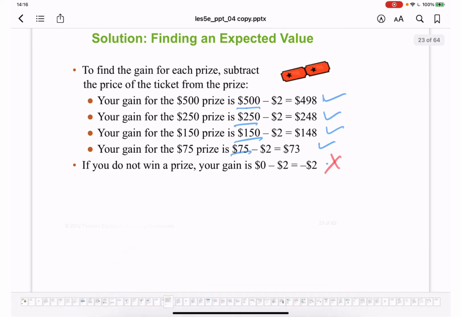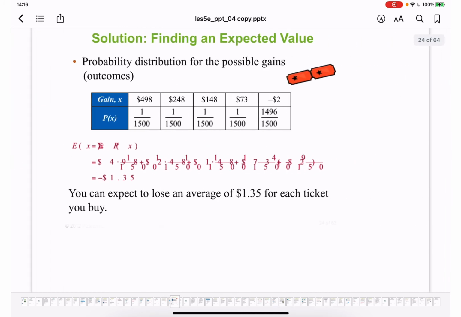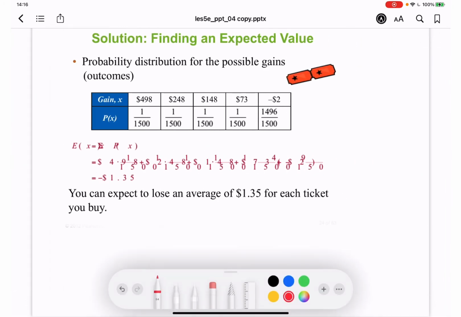Okay, so we are going to calculate the expected value. Now, if you gain 498, it's only 1 ticket, which is 1 out of 1,500. You are gaining 248 after the $2, from 250, and you still have only 1 ticket, which is 1 out of 1,500.